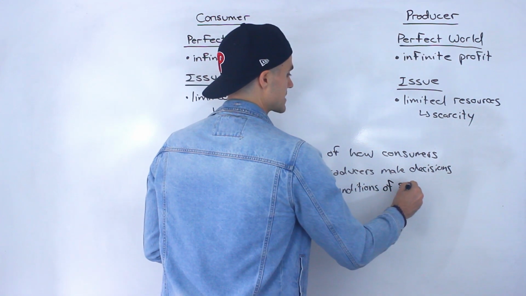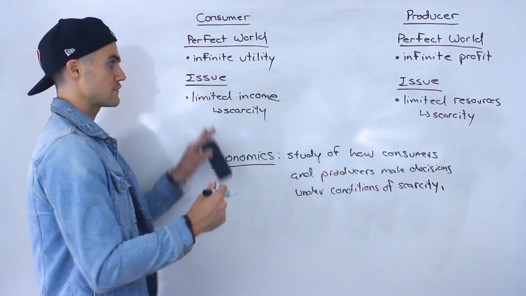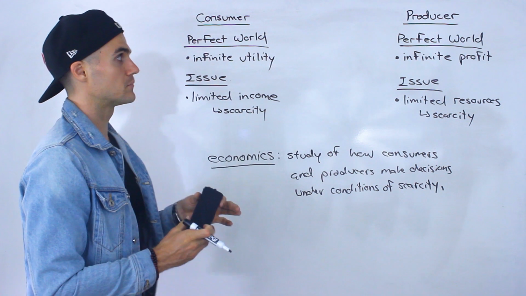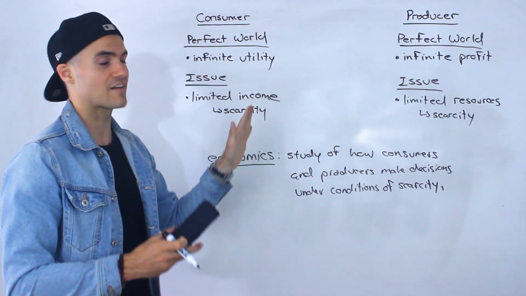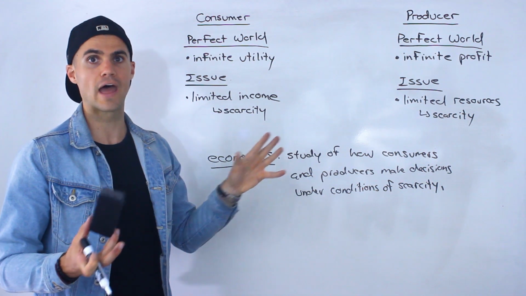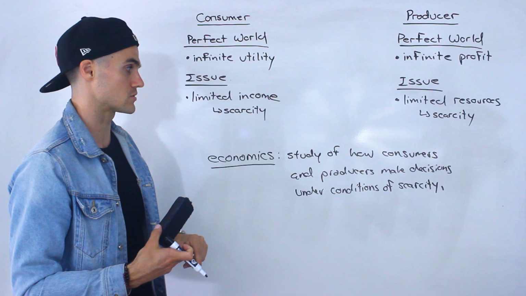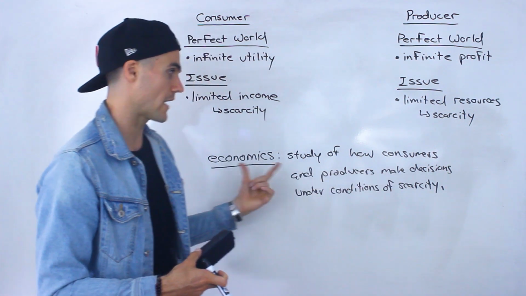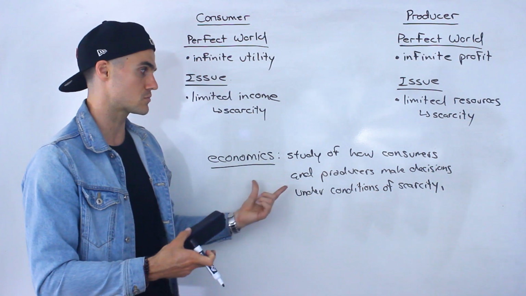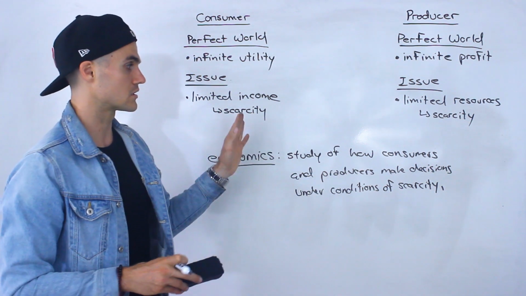So notice, because scarcity exists, because consumers have a limited income, producers have limited resources, both of these parties have to make choices on how to use their limited income and limited resources, right? So choices are decisions.